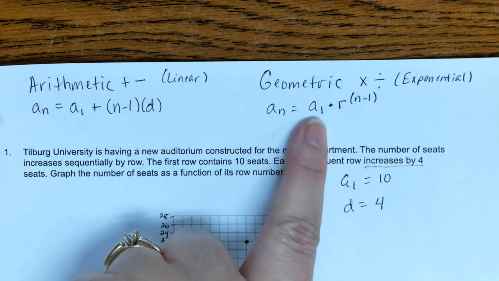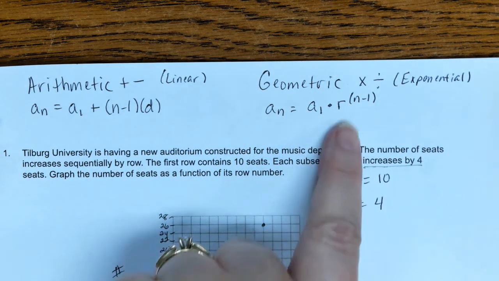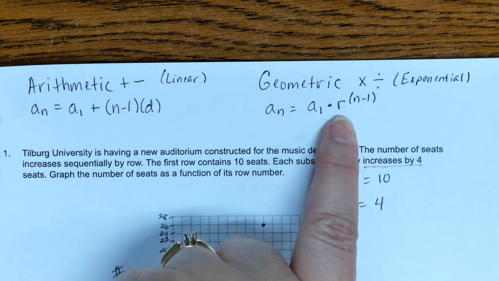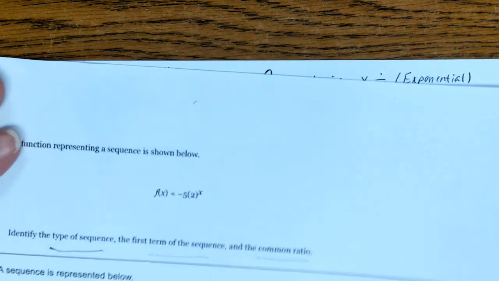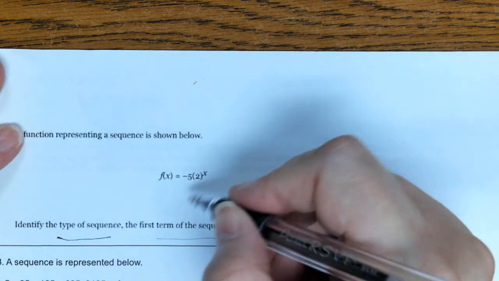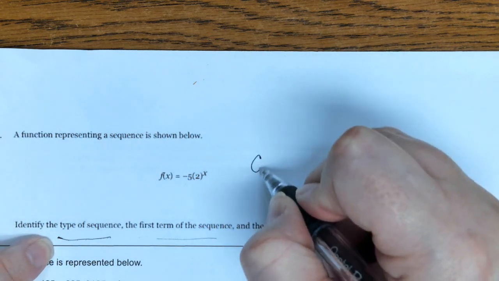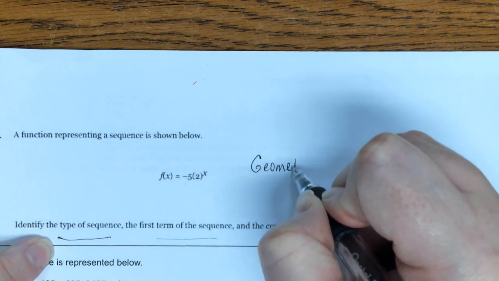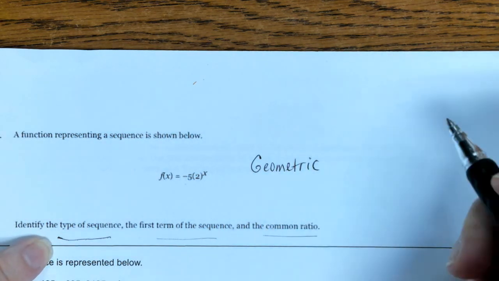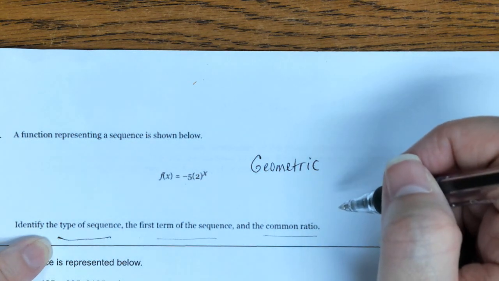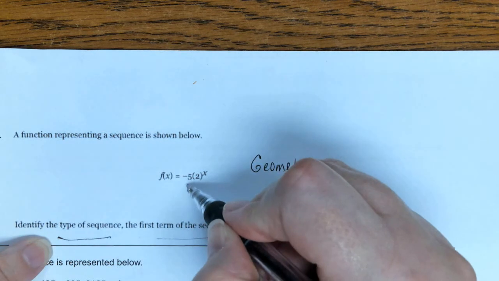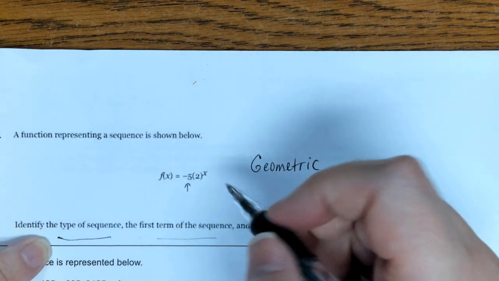So remember, your first term is your starting point. Your second term is your rate. That's your common ratio. Okay? So here, the type of sequence is geometric. The first term in the sequence, we have to be a little bit careful here, but it's starting at negative 5.